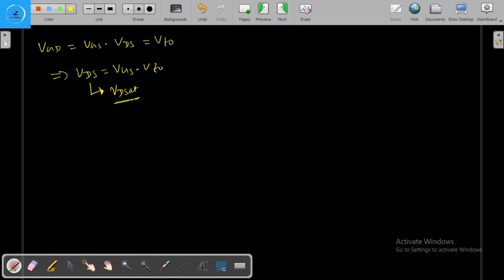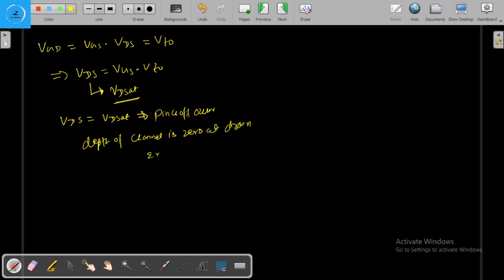So we can say that when VDS is equal to VD set, the pinch off occurs at the drain end, or the depth of the channel is zero at the drain end.